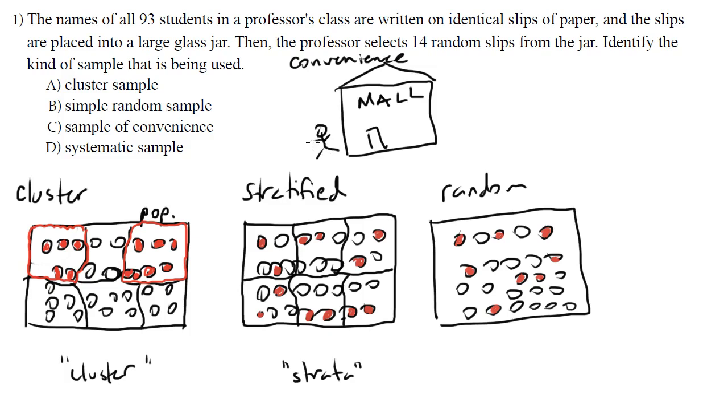I stand at the door to the mall, and every person that walks by, I give them a survey, or I ask them a question. It's convenience sampling. I stand at the subway station and hand out surveys. I give surveys to my class. It's not random, right? It's based on whoever's there at the time, whatever's convenient.